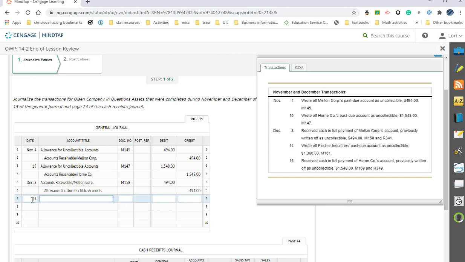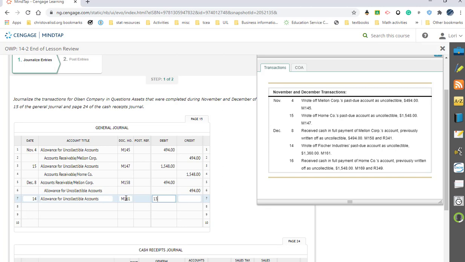On the 14th, we're going to write off another one. We're going to write off Fisher Industries, past due debt, with the memo 161. When we're writing off, the uncollectible accounts goes first, and when we're reopening for them to pay it off, it goes second.